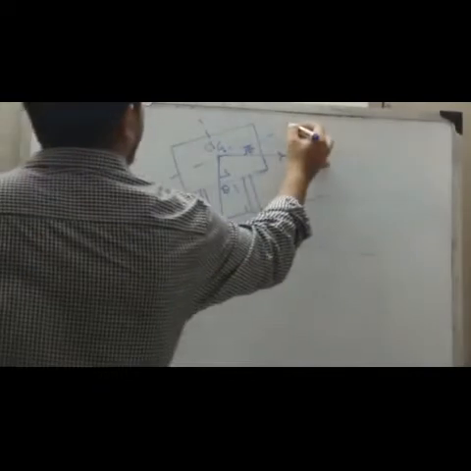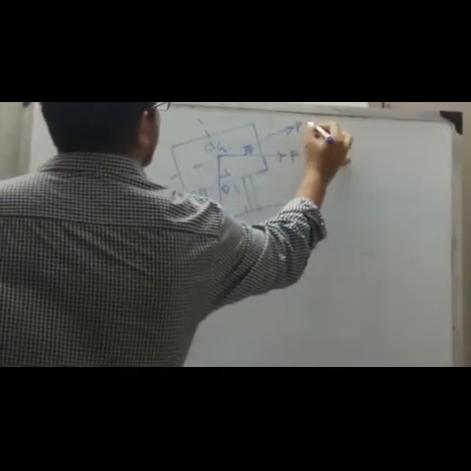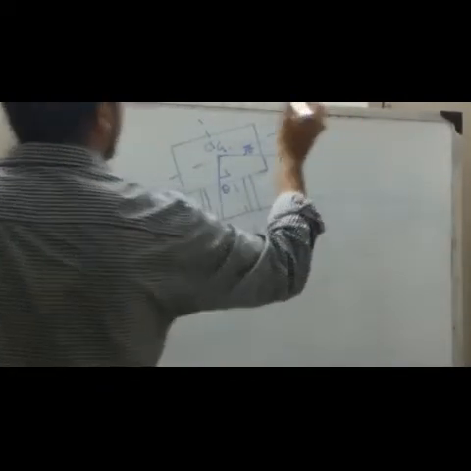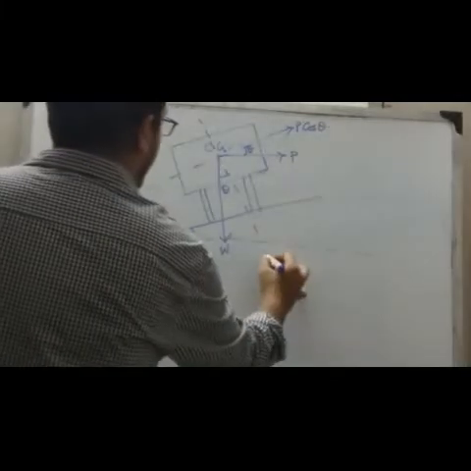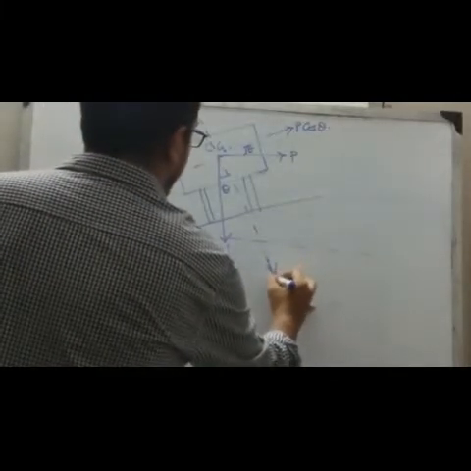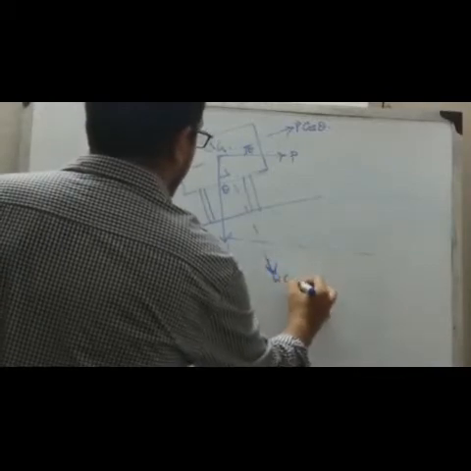So by this component, this is the component of P, denoted by P cos theta, and this is the component of W, denoted by W cos theta.